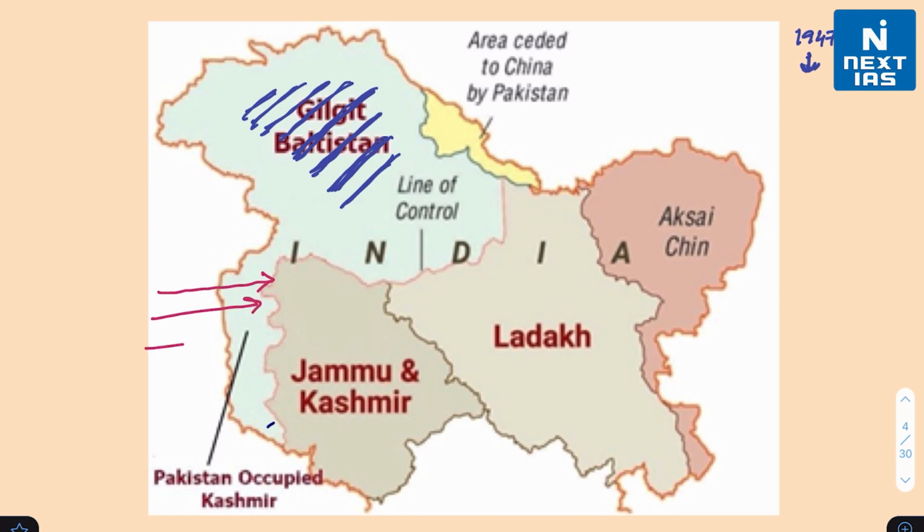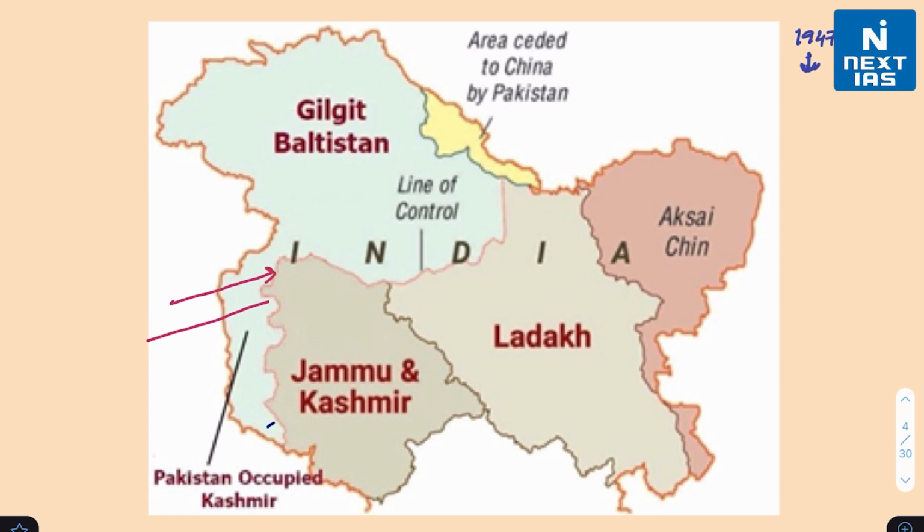They entered from the Northwest Frontier Province and captured Baramulla district. In this scenario, Maharaja Hari Singh approached the then Home Minister Sardar Vallabhbhai Patel and asked for help. Sardar Vallabhbhai Patel agreed to help only on the condition of signing the instrument of accession.